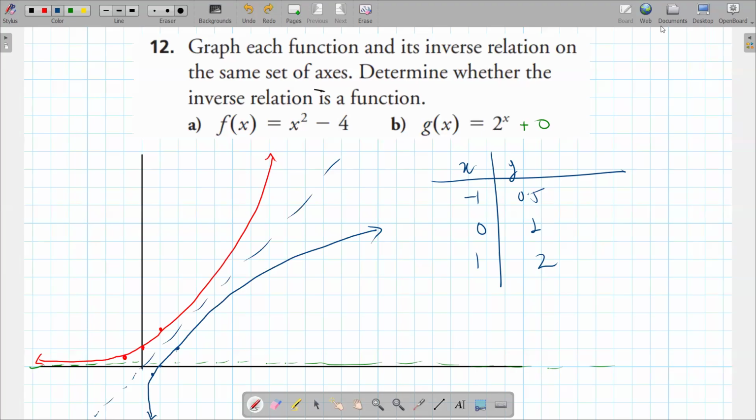It's log x. Remember, the inverse of exponential is logarithms. So this is log base 2 of x, and this is 2 power x. They are inverses.